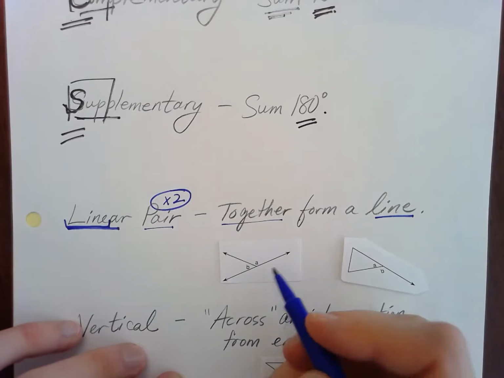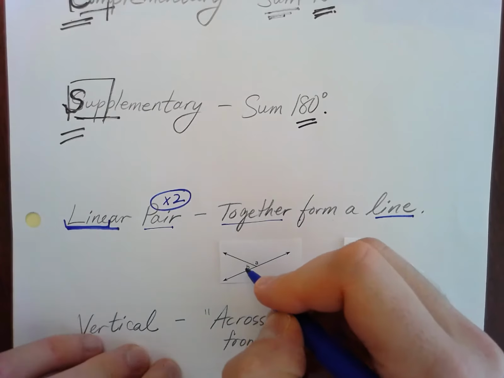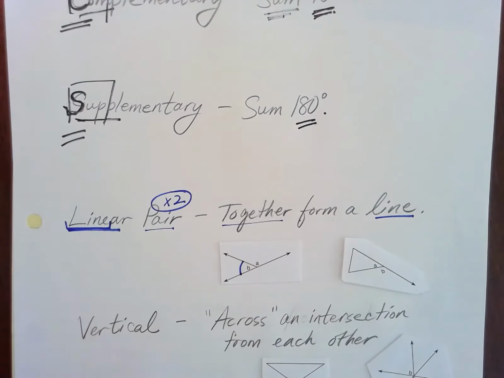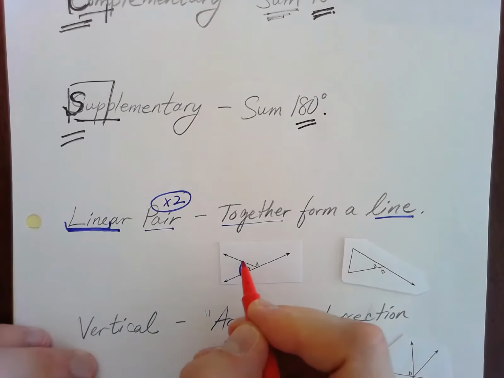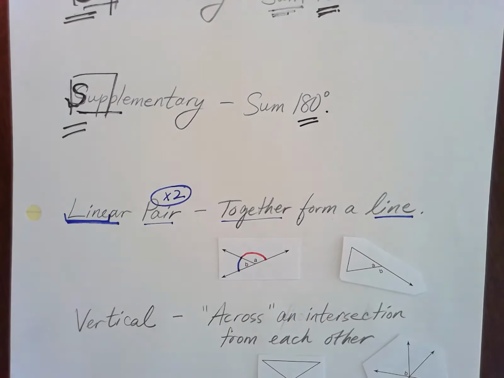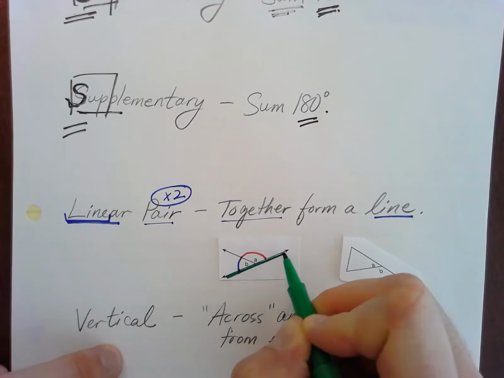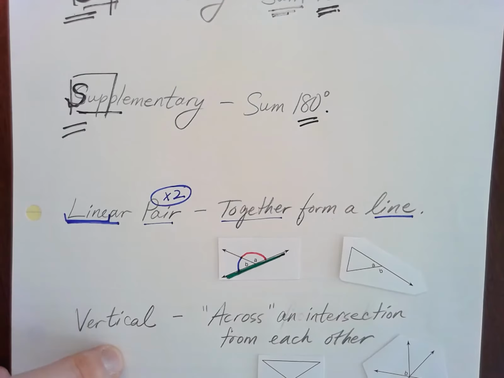So for example, right here, angle B and angle A are a linear pair because B is this much and A is this much. But together they form a line, and they form this line that is running right here. So the fact that they together form that green line makes them a linear pair.